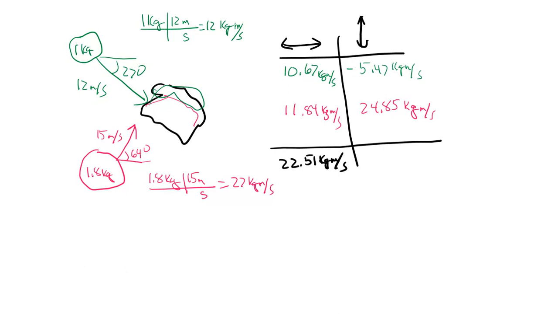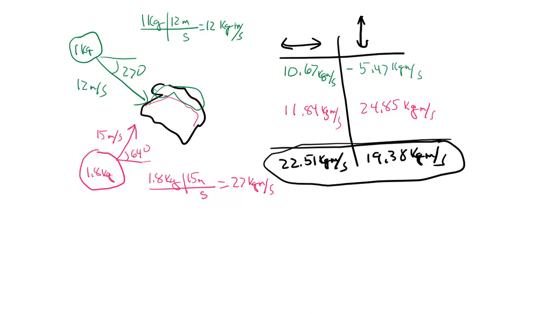And the total momentum vertically works out to be a number smaller than this, because this is a negative and this is a positive: 19.38 kilogram meters per second. So this is my total momentum initially, and it's broken up into the two components. I'm going to have to put it together, which I'll do next. But this is all my initial information.